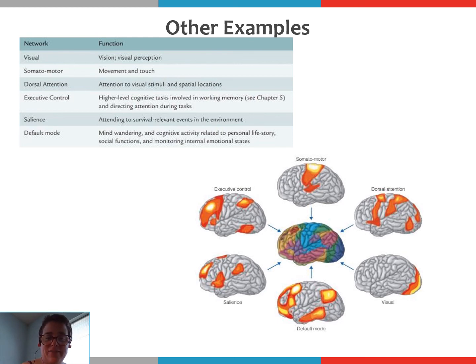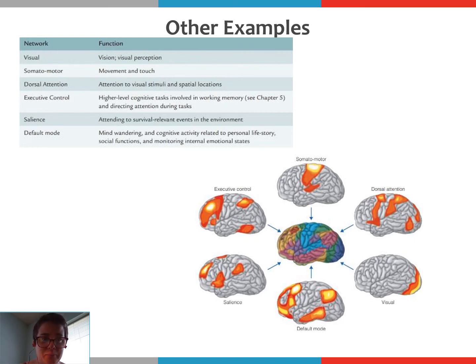So I told you guys that the visual cortex is in the occipital lobe, and that's where a lot of visual perception happens. But there are also other surrounding areas, like the temporal lobe, for example, and the parietal lobe, that are also responsible for visual processing.